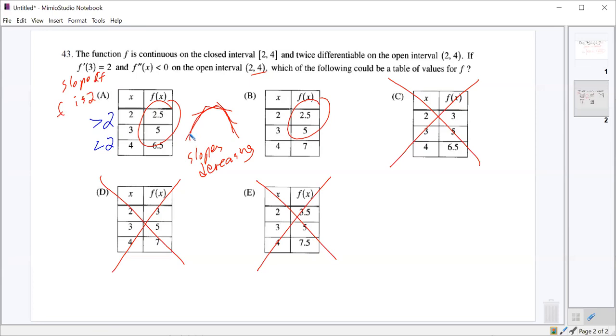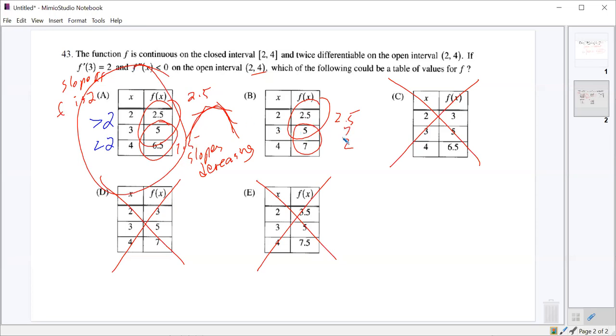Right, slopes are decreasing, right? So it's got to be larger than 2 when we're less than 3. It's got to be less than 2 when we are greater than 3. And so then we look here, this one, the slope between 3 and 4 is 1.5. This one, the slope between 3 and 4 is 2. So this is 2.5 and then 2. This one is 2.5 and then 1.5. The only one where it would always be decreasing would be here, because at 3 it's supposed to be 2.